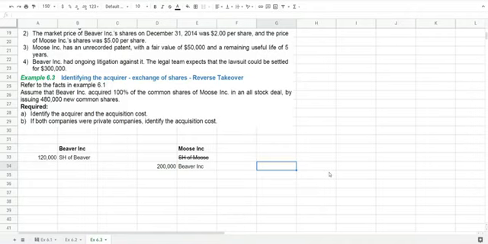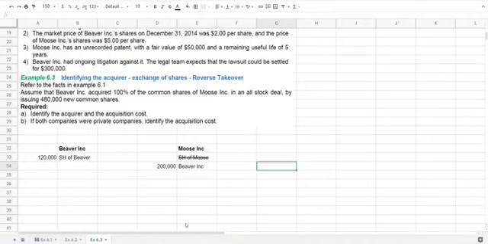Who is that someone? Beaver issued 480,000 new shares. To whom? They issued shares to the shareholders of Moose, right?